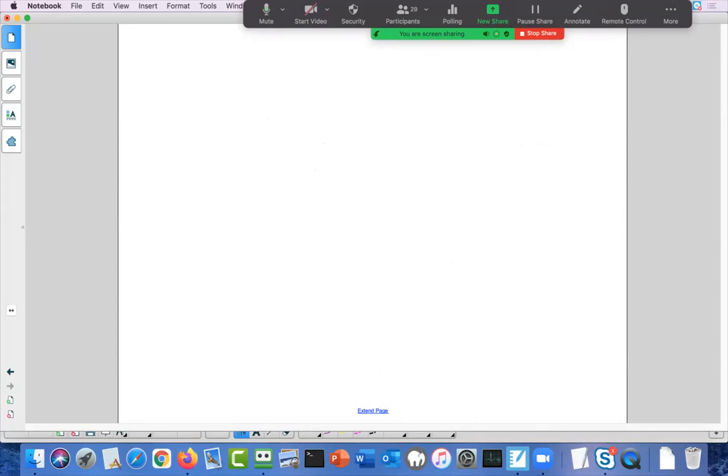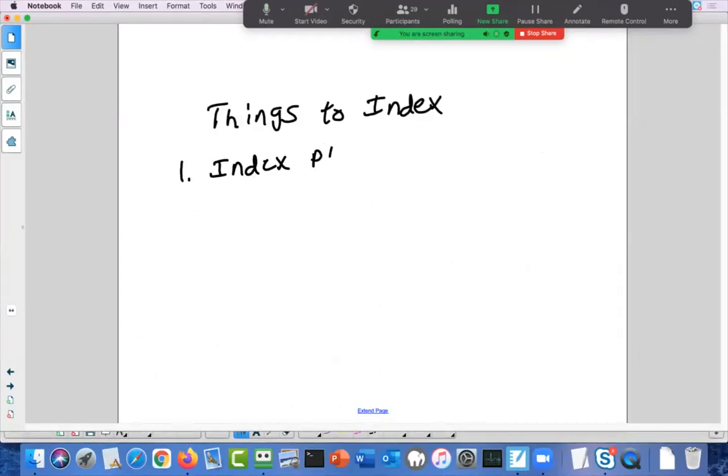Okay, so these are things to index. We index the primary key. If it's not used to physically organize the file, then we use a secondary index for it, because we're often going to do joins using the primary key.